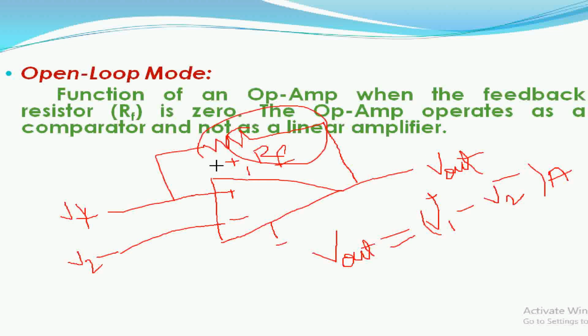If this RF is 0, then it is said to be in open loop mode. If RF is present, then it is said to be in closed loop mode.